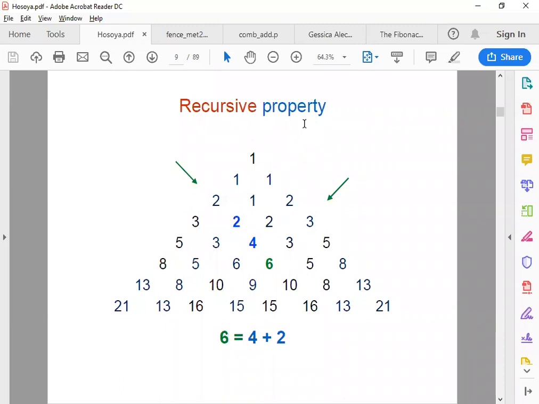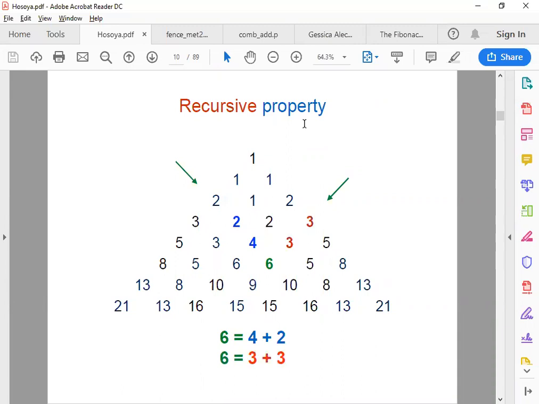It has a nice recursive property that if you take any number, and unlike the triangle that Earth mentioned to us earlier, instead of the Pascal where we would be adding these 2 numbers, in the Hosoya triangle, we're adding the 2 numbers diagonally to the left, right? So this 6 is equal to 4 plus 2.